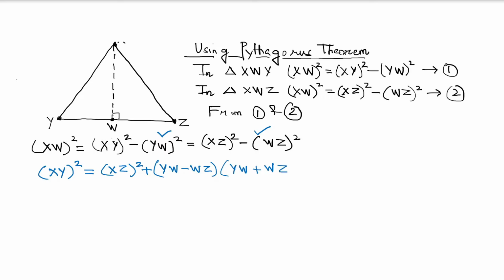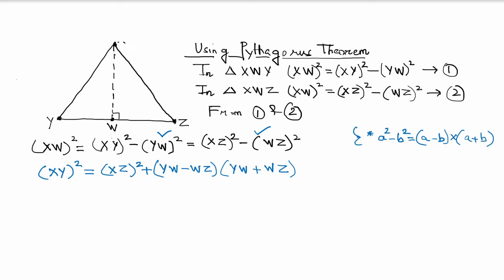And what is the concept that you're using here? You are using the concept of a square minus b square can be written as a product of two different factors, and those two different factors are a minus b into a plus b.